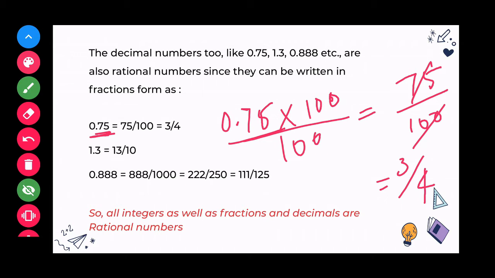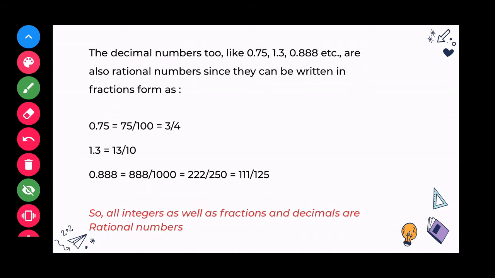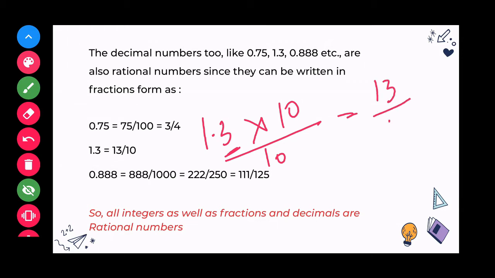So same way we can convert 1.3. How many numbers do we have after the decimal point? We have only 1. So we can multiply this number by 10 and divide by 10. So 1.3 into 10 will give us 13 and the denominator is 10. So 13 by 10 is in the form of p by q, hence it is a rational number.